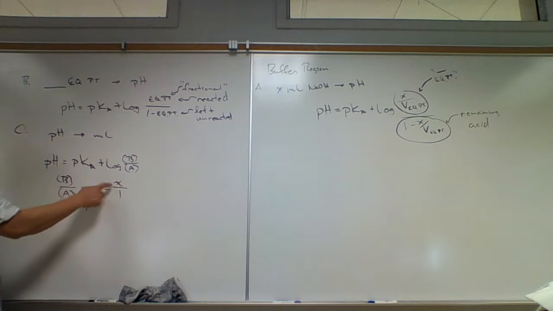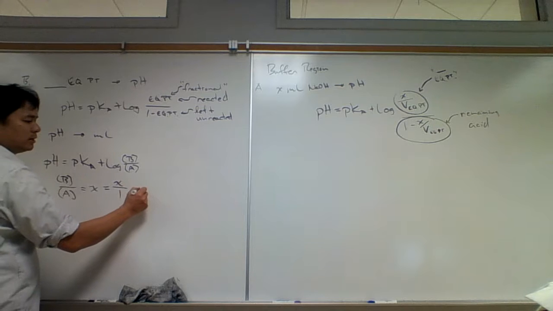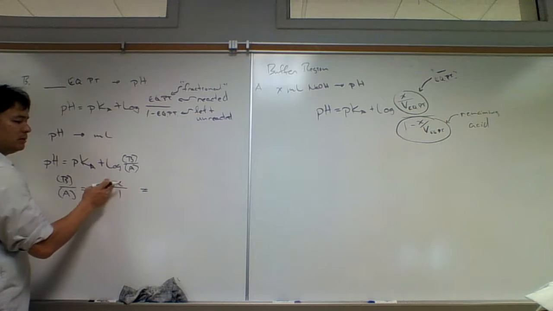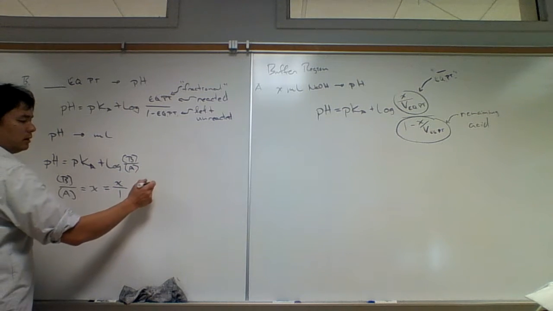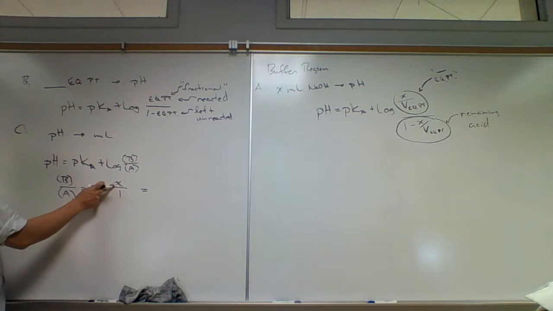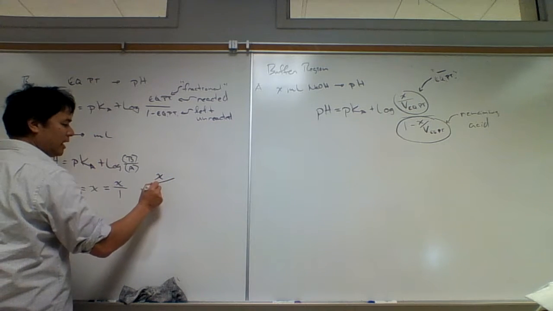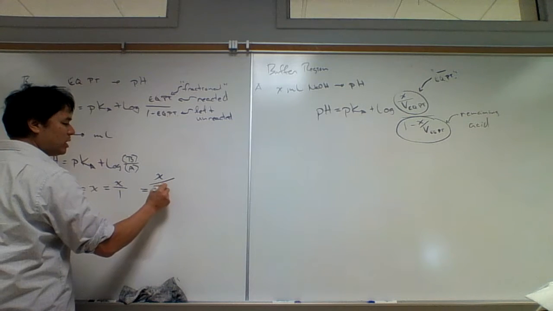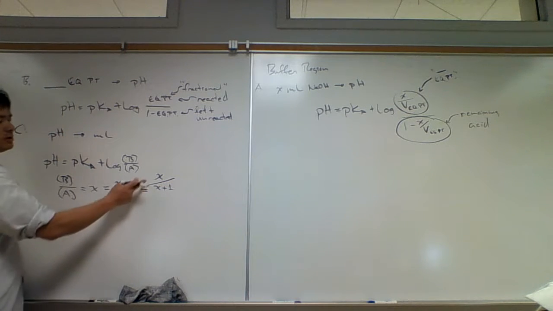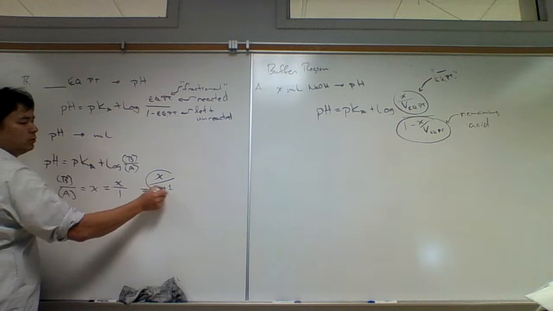X over 1 is the ratio of base to acid, but this is not the equivalence point. We want to determine the equivalence point, so we have to do a little bit of extra work. X parts of the total were converted into base, and one part of the total was left unreacted as acid. How many total parts do we have? We have X plus 1 total parts. So X over X plus 1 is the fraction of the total that was reacted.